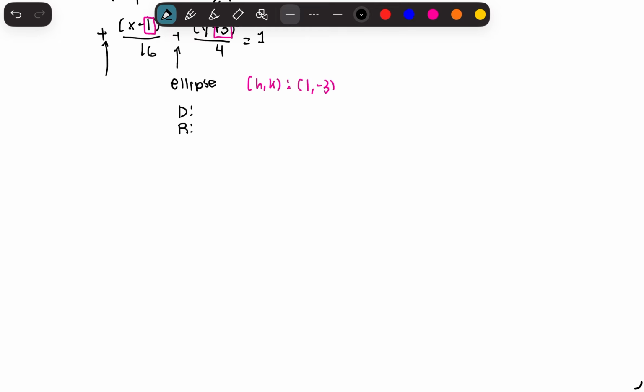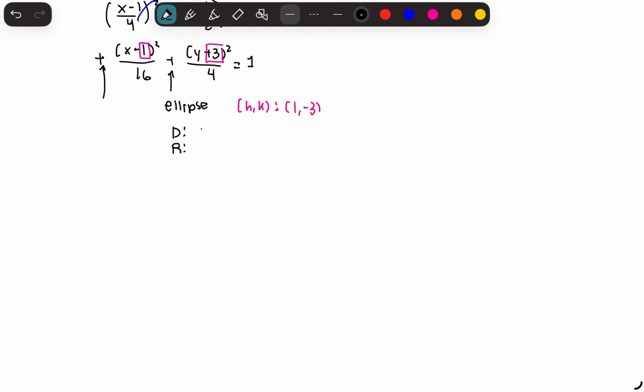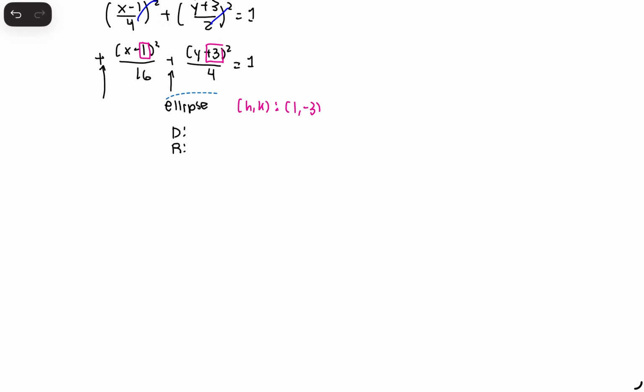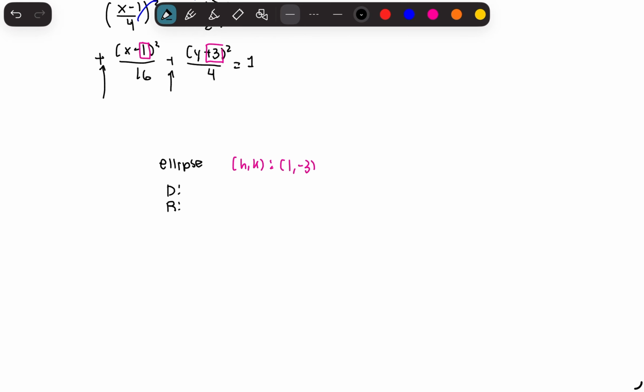So for domain and range, we know that this is going to be a squared, this is going to be b squared. So a is going to equal 4 and b is equal to 2.